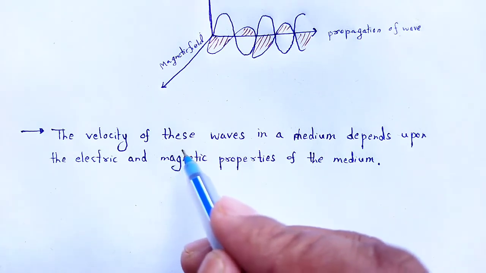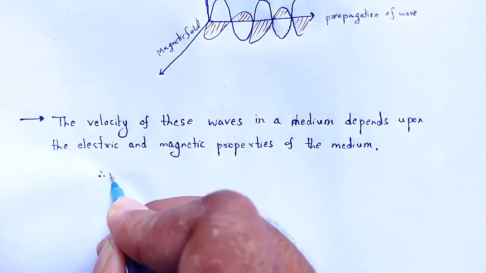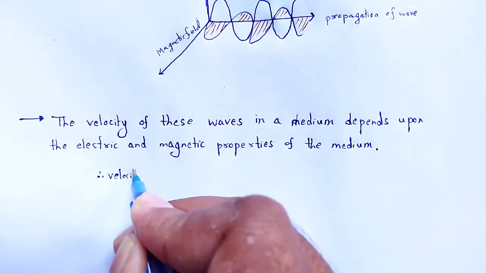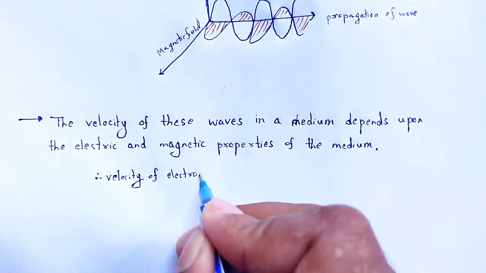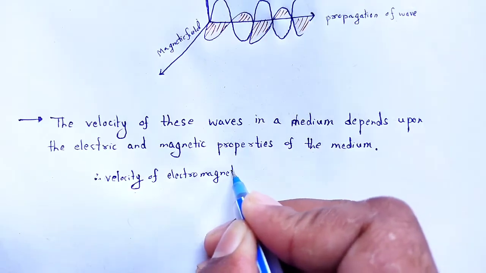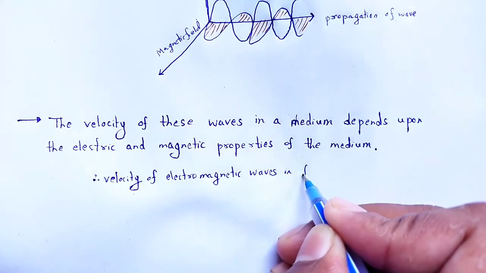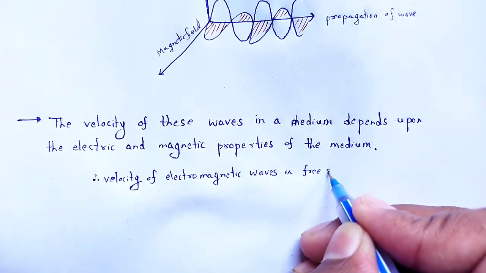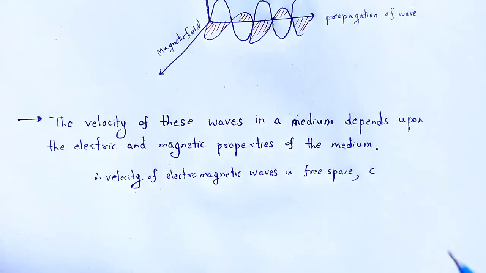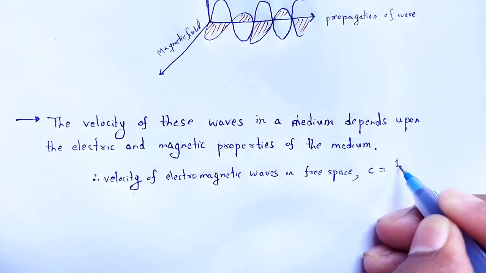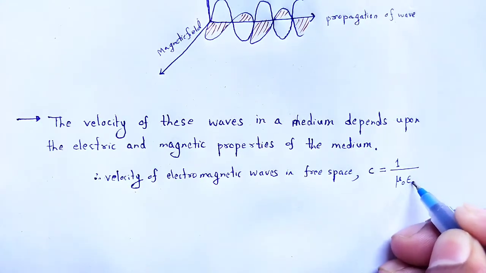So, the velocity of electromagnetic waves in free space, or vacuum, is equal to the speed of light c, which is 1 divided by under root of mu naught epsilon naught.